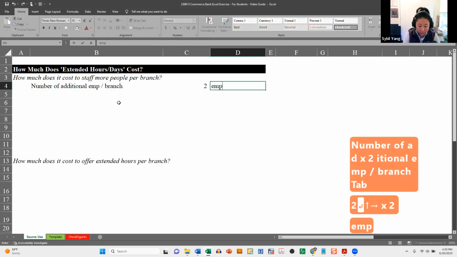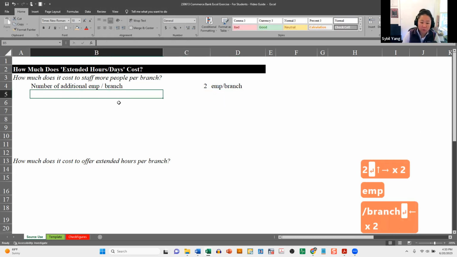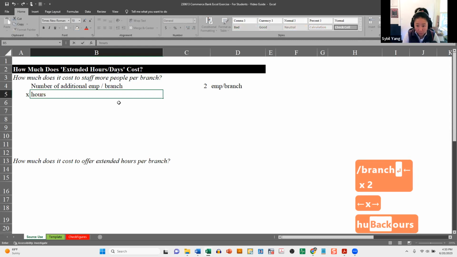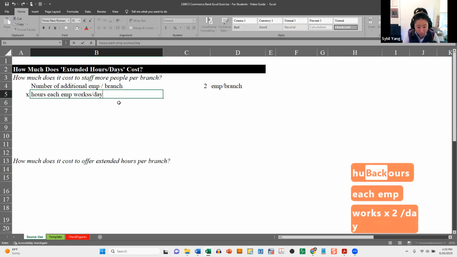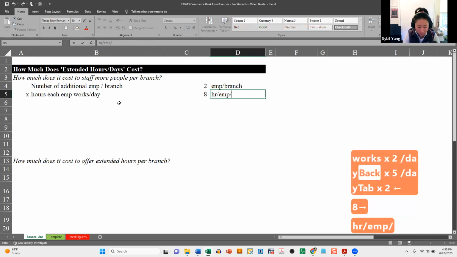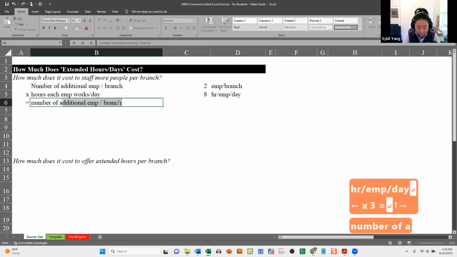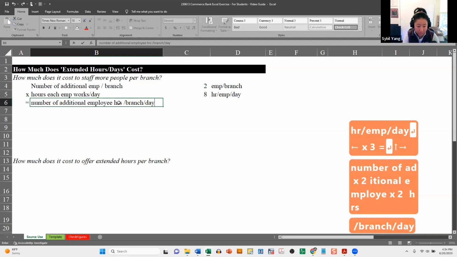I'm going to multiply this by the hours each employee works per day, say an 8-hour shift, which equals the number of additional employee hours per branch per day.